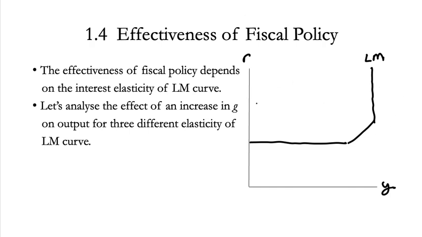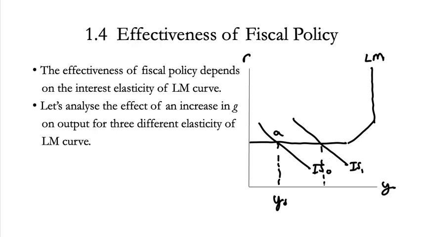Let's say we talk about the flat segment, and the initial IS is here, IS naught, and the initial equilibrium is this. So if government spending increases, of course you know that it's a direct component of IS, so IS shifts to the right, and so on, cutting it short.